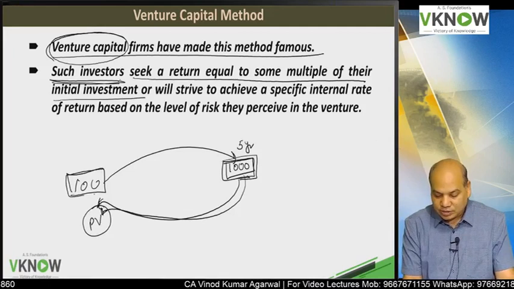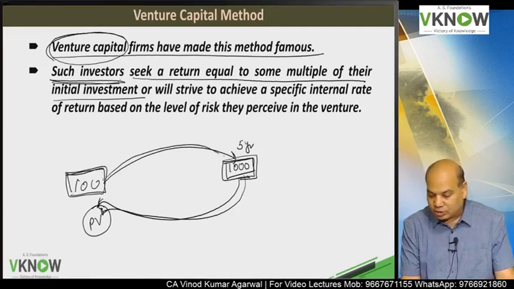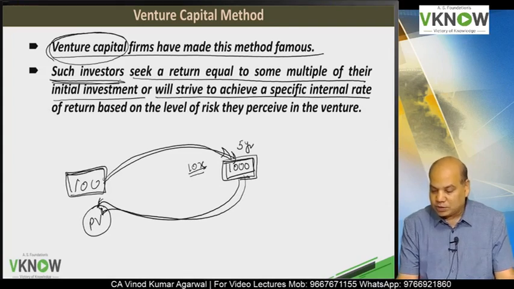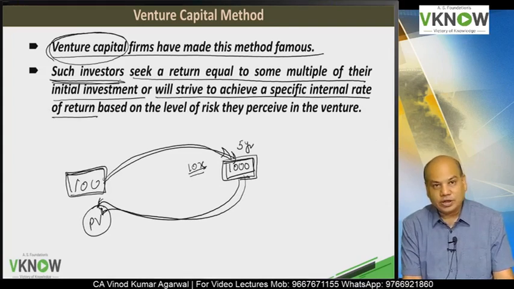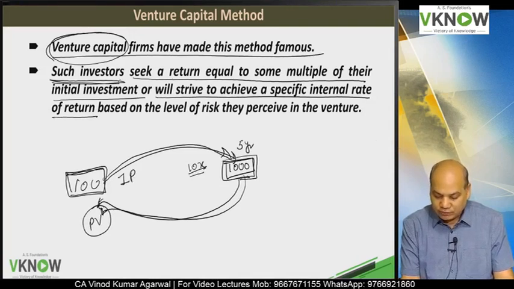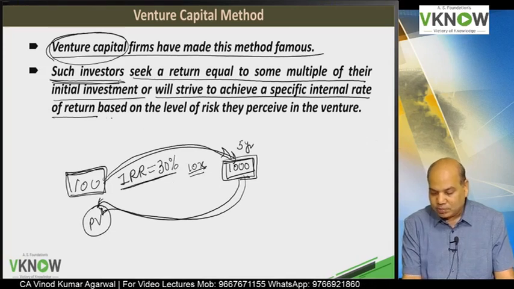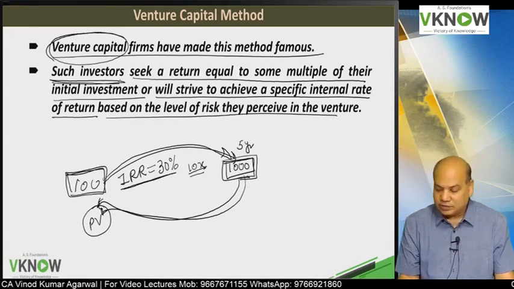They are investing with the hope that they are going to earn 10x on their initial investment, or will strive to achieve a specific internal rate of return, or they want to earn a very high IRR. Let us say they want to earn an IRR of 30% based on the level of risk they perceive in the venture.